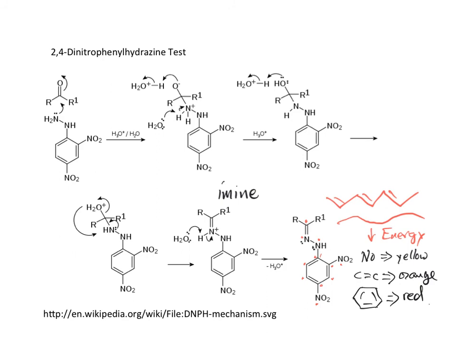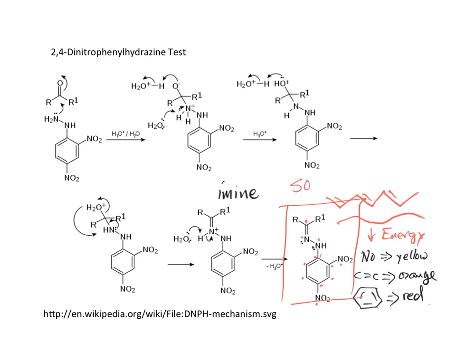And so the color of the derivative can help tell us something about the structure of the groups on our original aldehyde or ketone.